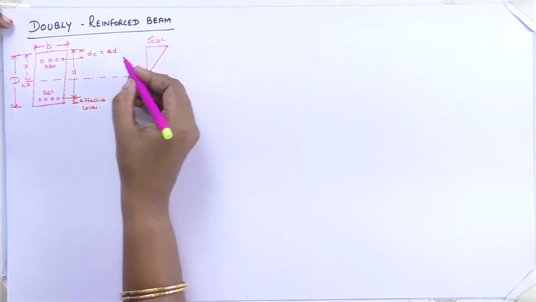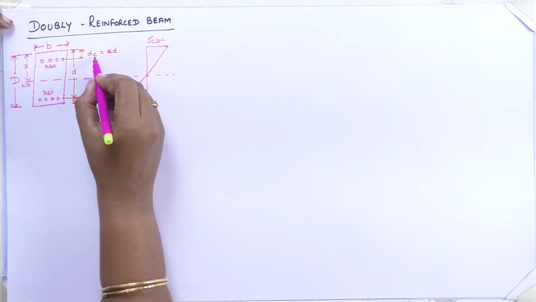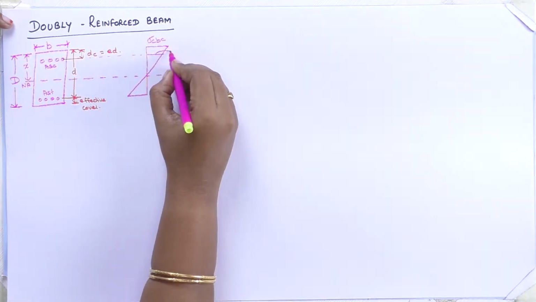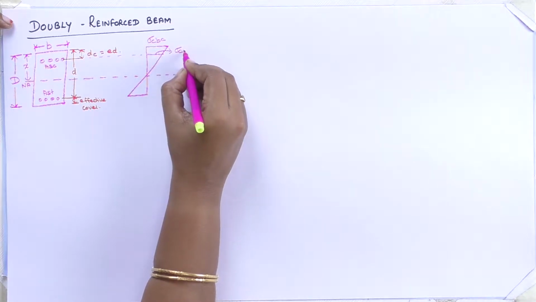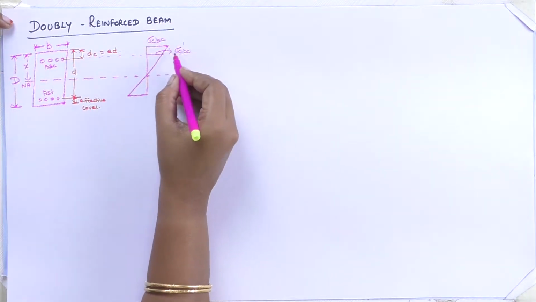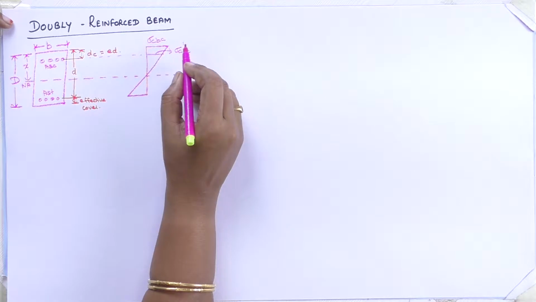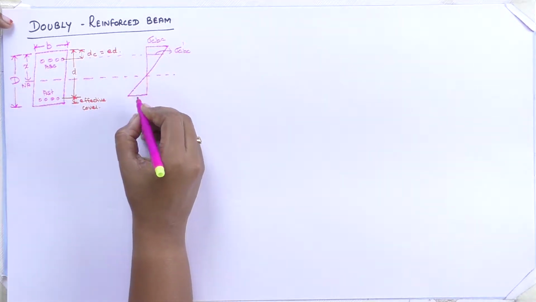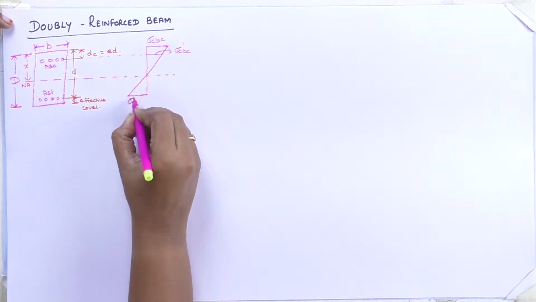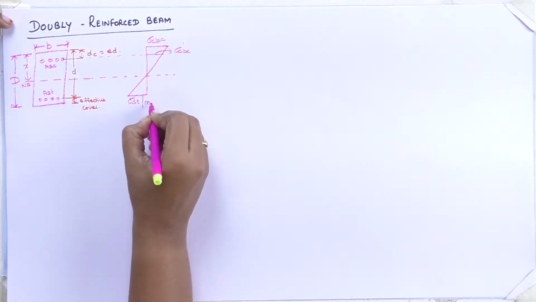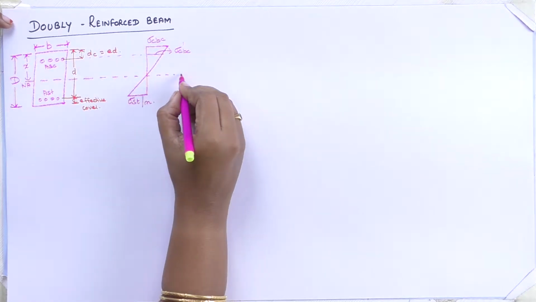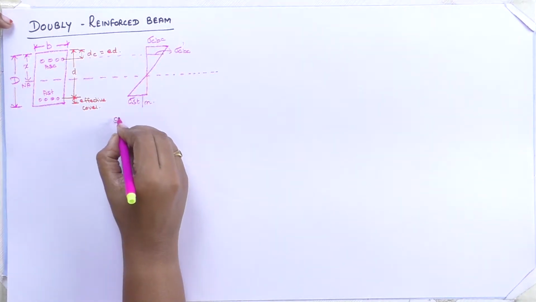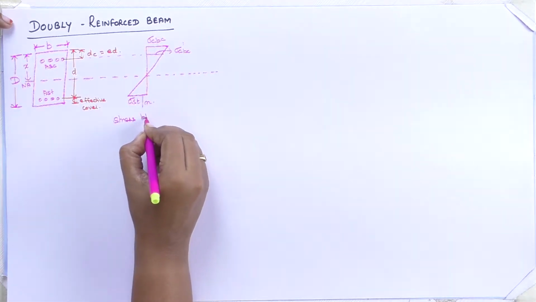At the line of steel, you can draw a line. This one you can call sigma CBC dash. This is at the centroidal line of your steel in the compression zone. Then in the tension zone, sigma st divided by m.